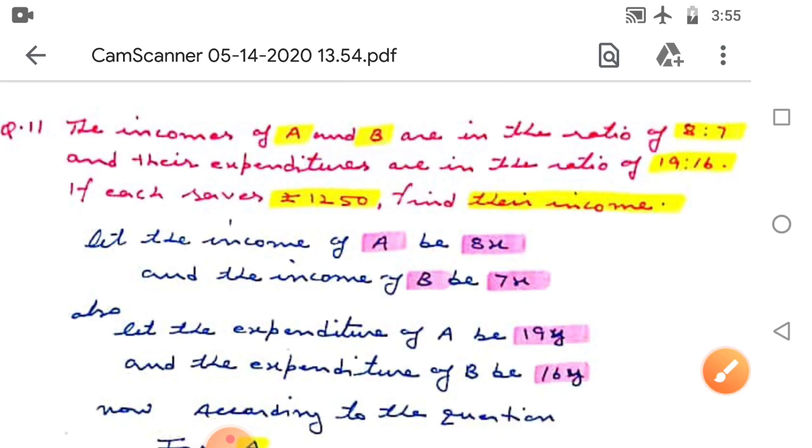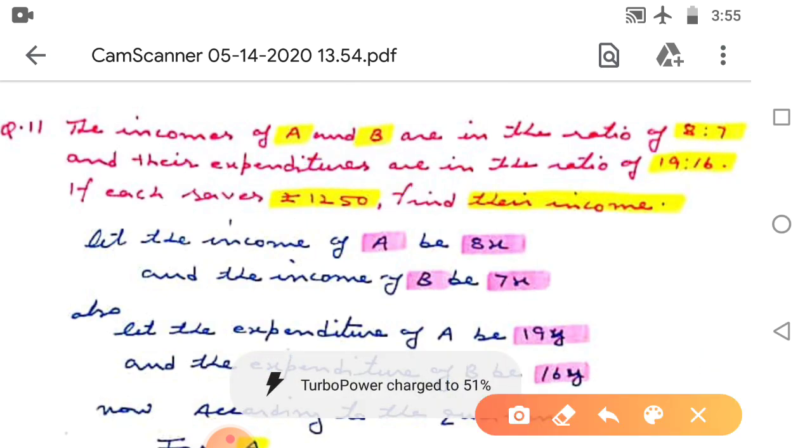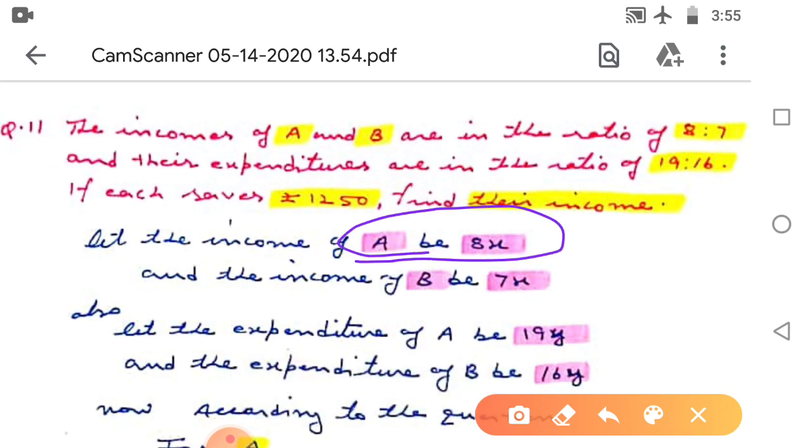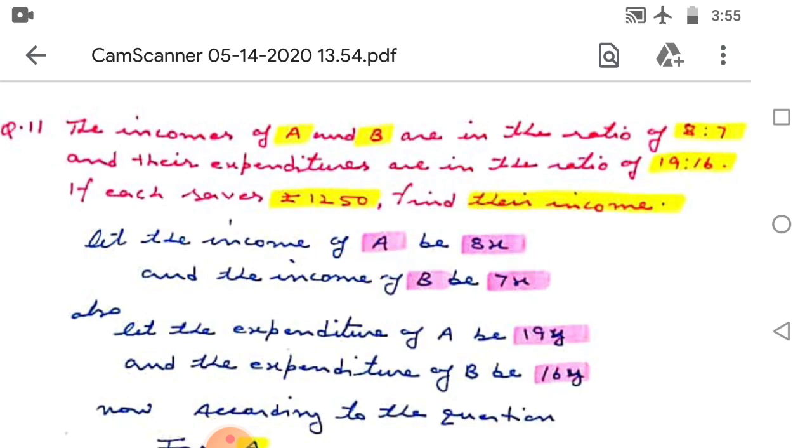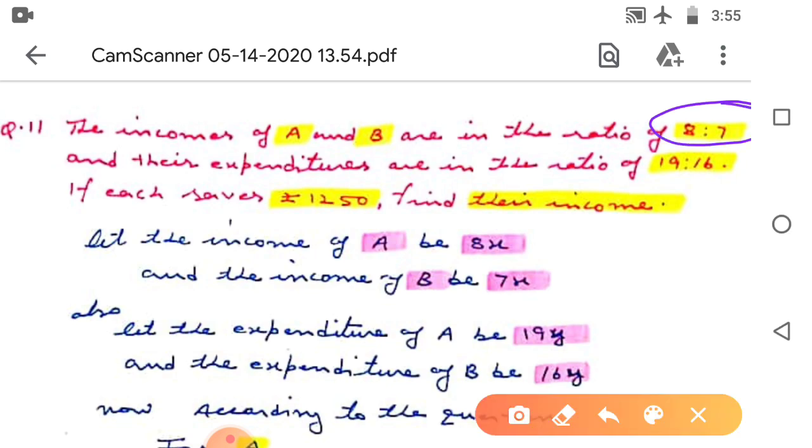Okay, so let the income of A be 8x and the income of B be 7x. Why? Because the ratio of their income is 8 is to 7. Now the expenditure.